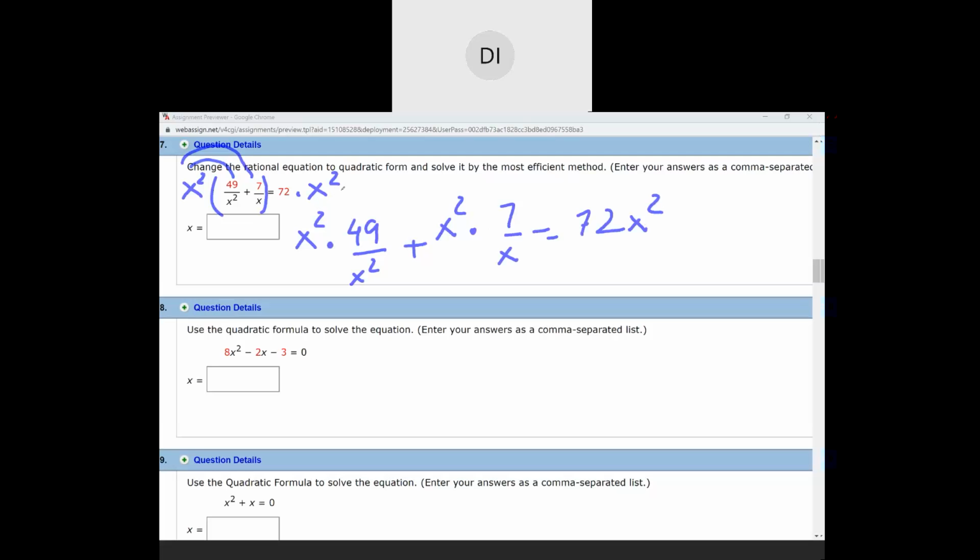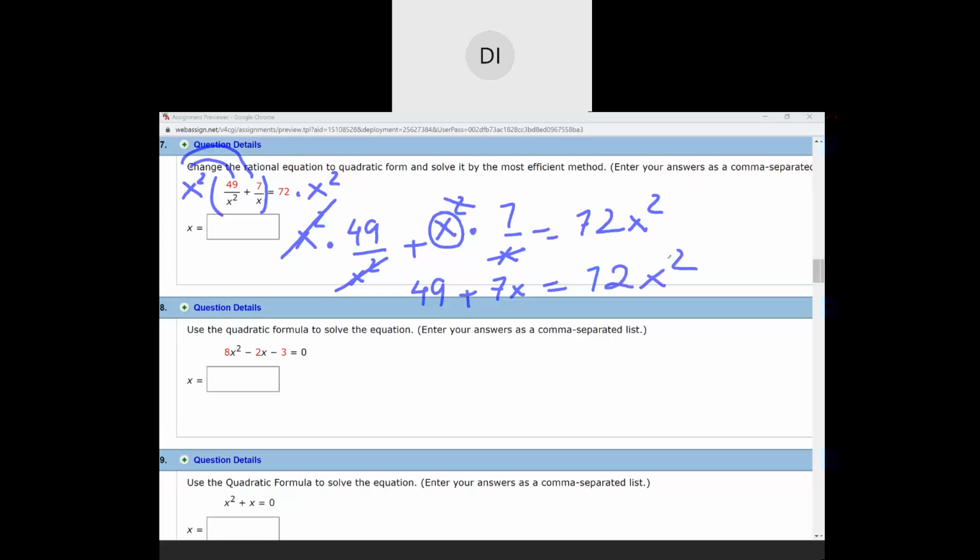And then we're going to cancel x squared and x squared. Then here x squared means x times x, so 1x cancels with the bottom. We're still going to have 1x left, okay? And let's see what is left. We have 49 plus 7x equals 72x squared.